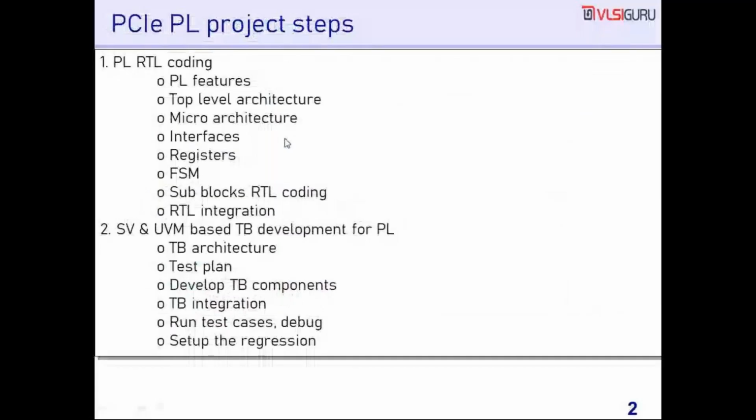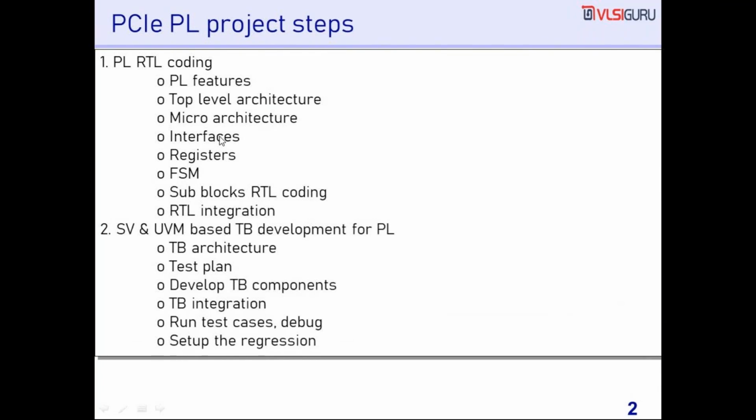The first aspect of the course will be focused on RTL coding. We'll start off with listing down the physical layer features. We'll come up with a top level architecture, then a micro architecture. We'll list down the interfaces: what all interfaces does the physical layer have?